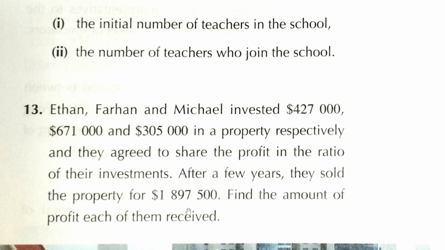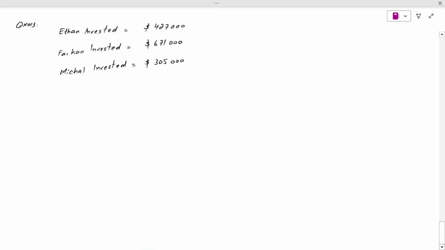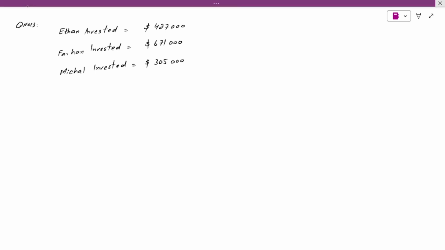So let us solve this question. This is question number 13, where Ethan's investment is $427,000, Farhan's investment is $671,000, and Michael's investment is $305,000. Now let us calculate the ratio between their investments.